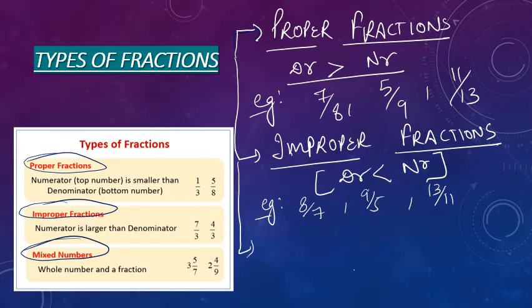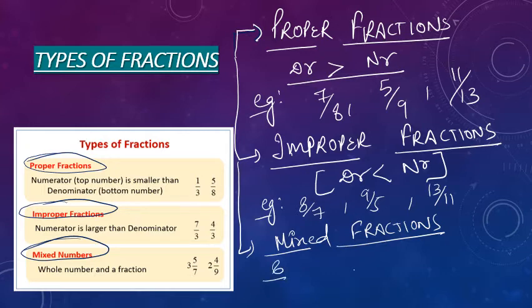And the last is mixed, which is a combination of a whole number and a fraction part. So in this case, basically all improper fractions can be written as mixed, like 8 by 7 can be written as 1, 1 by 7, where 1 is a whole number, and this is a fraction part.